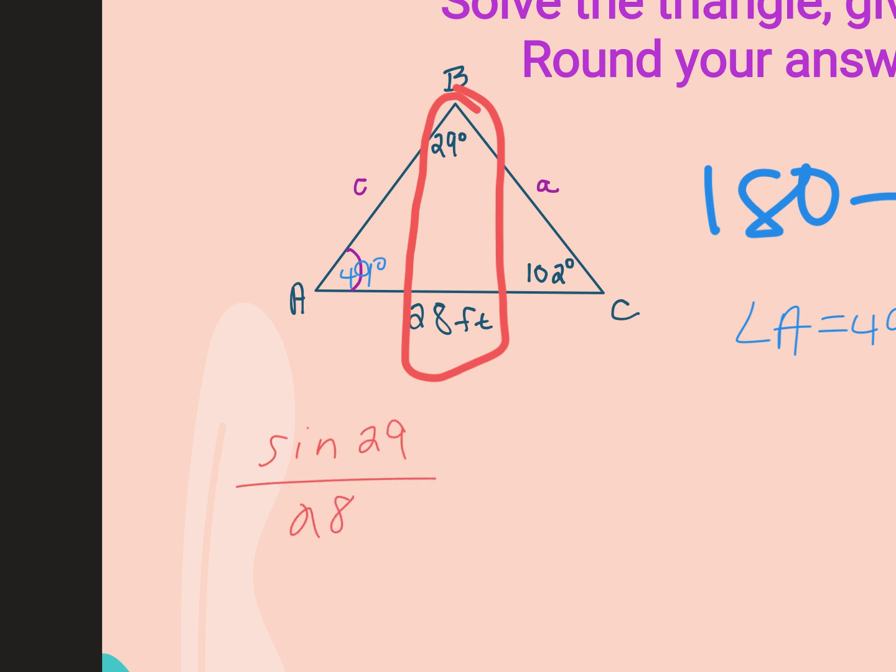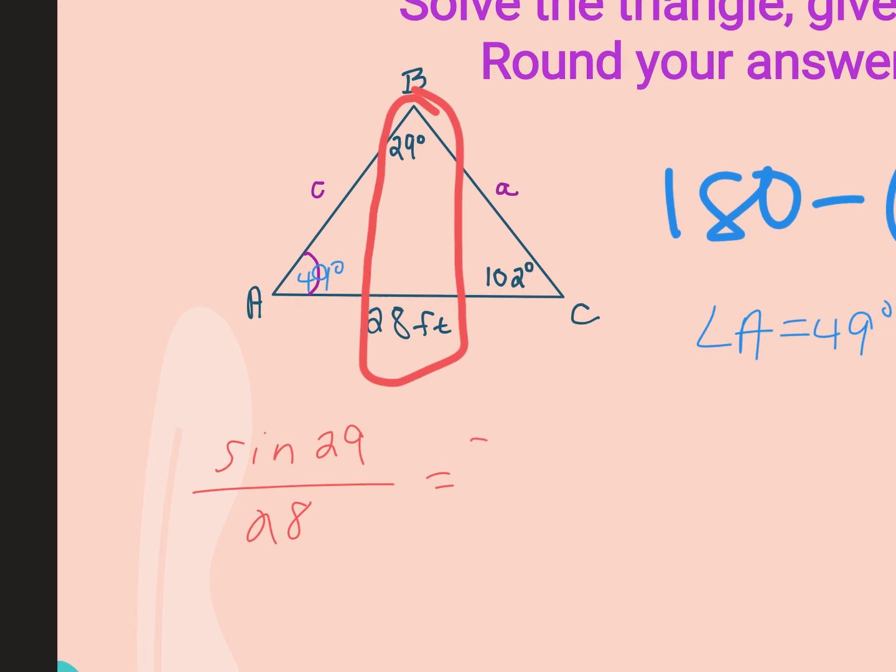If you want to put the side length on top, you can. Equals. Does it matter which side we find first? No. What do you guys want to do? Okay, so you're going to say sine of what? How big is angle C? Sine of 102 over C.